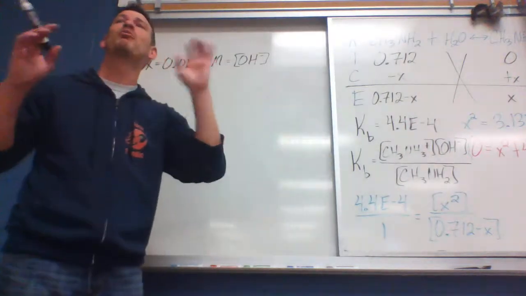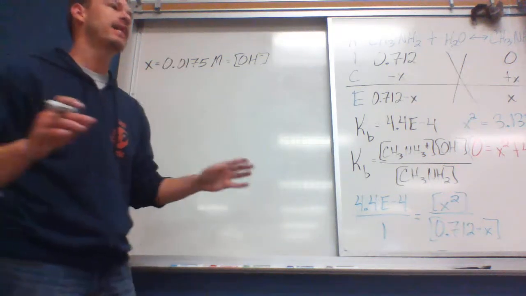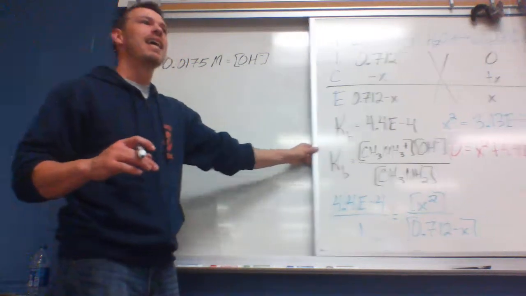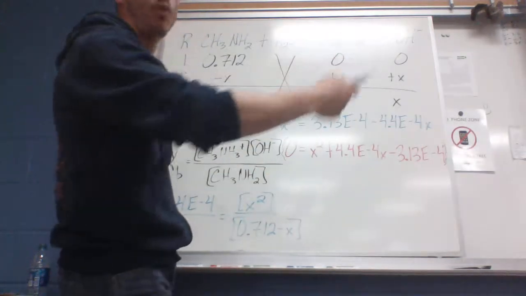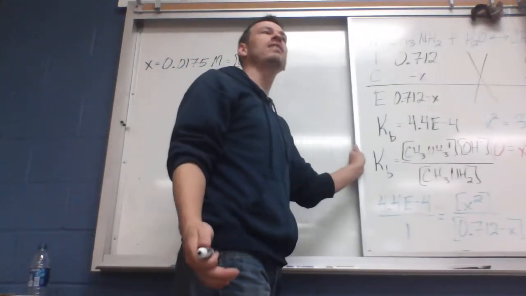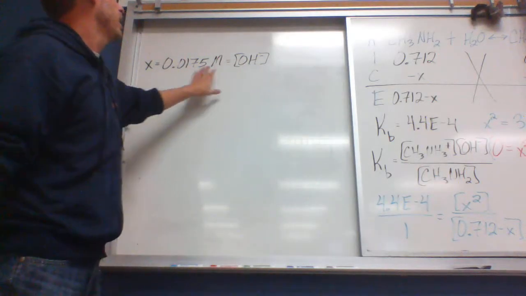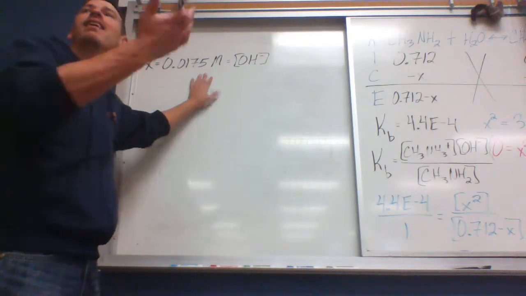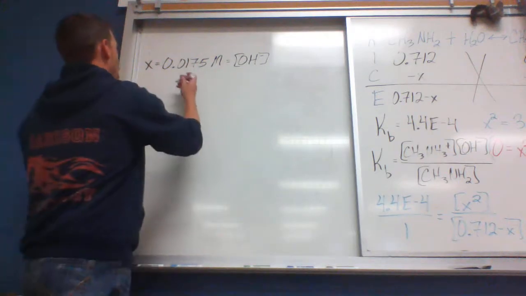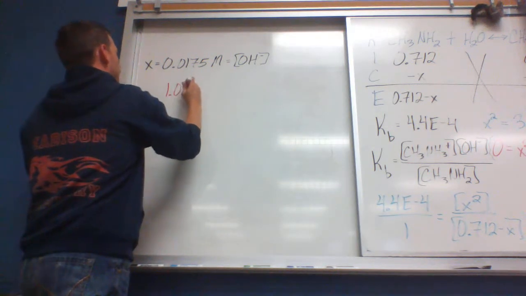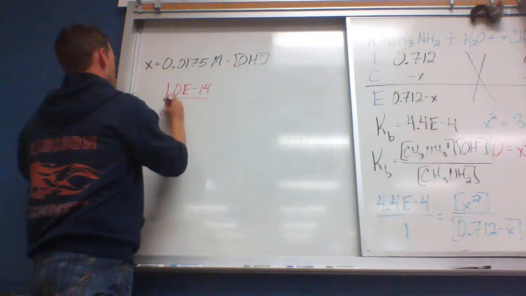Here's where I really need you to be careful because we are not done. You've got to realize what X is. X is simply the concentration of the OH minus. What are we looking for? We're looking for pH. We're still multiple steps away. In order to find pH, I would need an H plus concentration. To find that, I can take 1E negative 14 and divide it by an OH concentration.